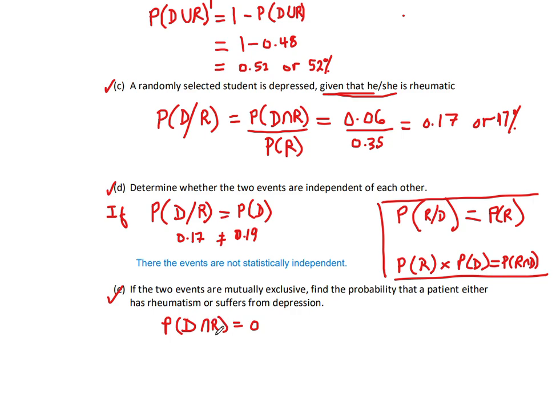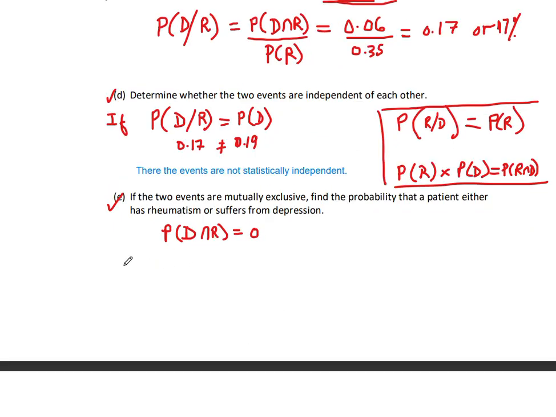The probability of D intersect R, the probability of the intersection of these mutually exclusive events, is equal to 0. Therefore, since we're asked to find the probability that a patient is either rheumatic or has depression, we know we have to apply the general probability rule again, but with one fundamental difference: the two events are assumed this time to be mutually exclusive, which means the intersection carries a value of 0.